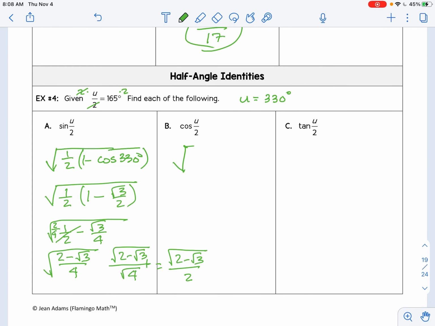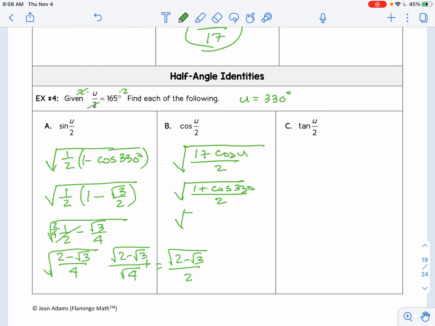So if I have the square root here, again, if I was to rewrite that, it would be 1 plus cosine of u over 2. So this might be easier just to do it this way. Okay, so what would this be? It would be the square root of 1 plus cosine of 330 over 2.